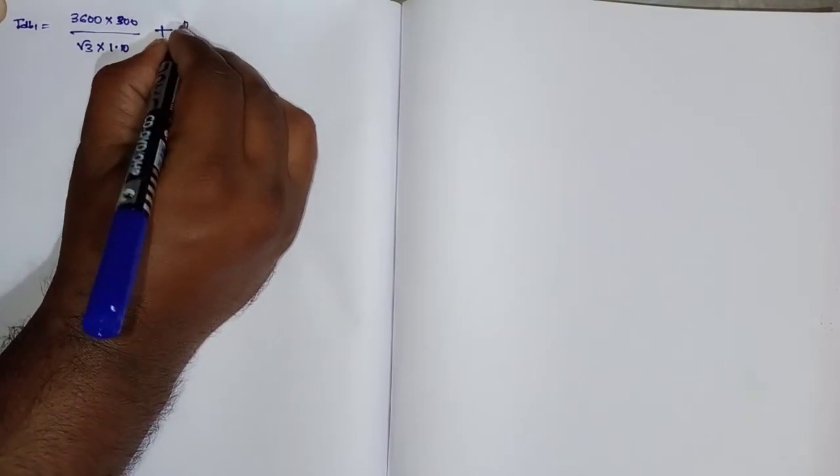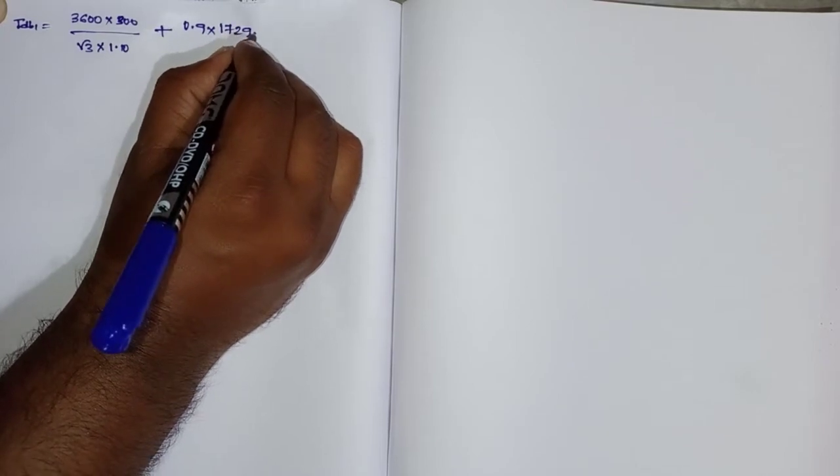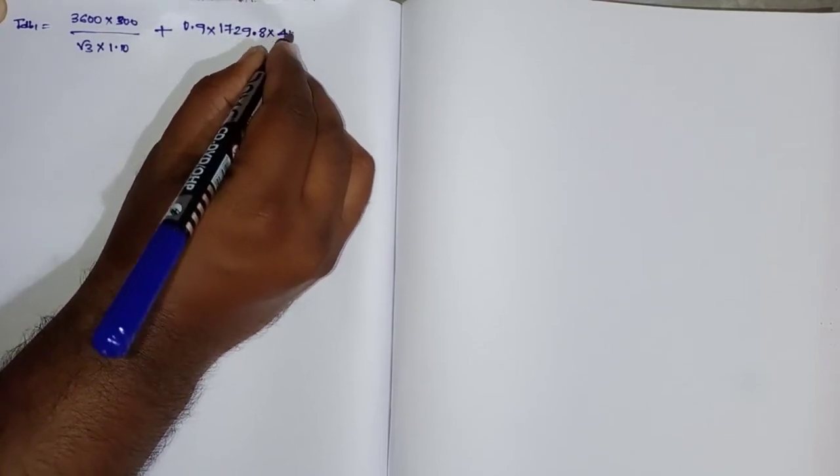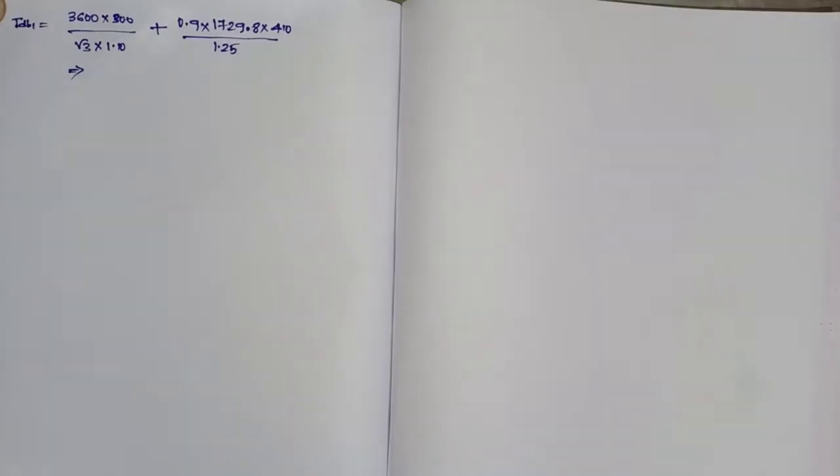First, we'll solve TDB1. What is area under shear you got? That is 3600 into Fy 300 divided by root 3 into gamma m0 plus 0.9 into area under tension is what you got, 1729.8 into 410 divided by 1.25.